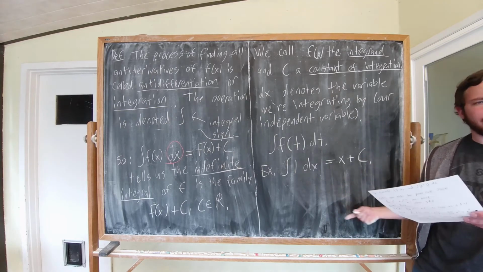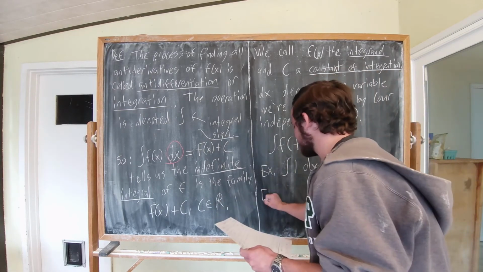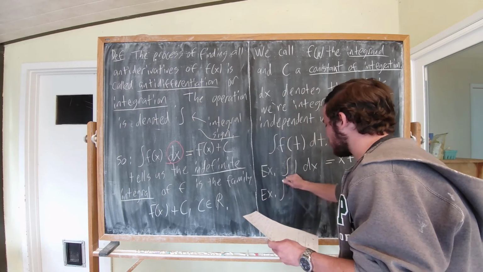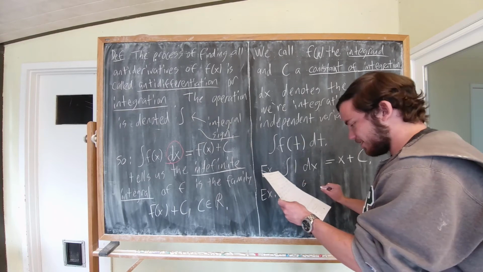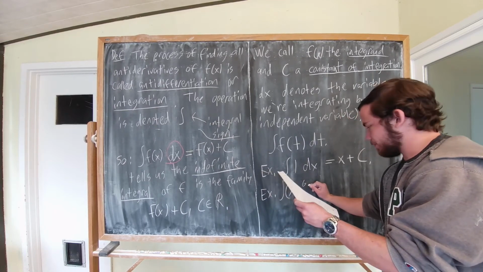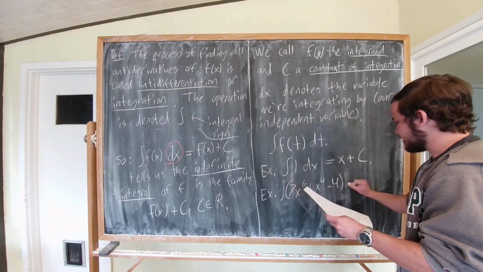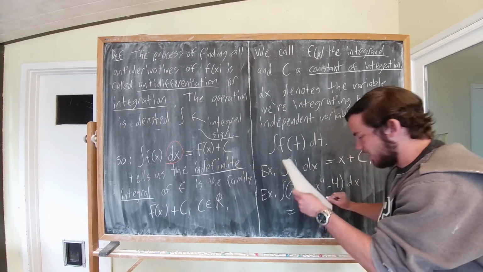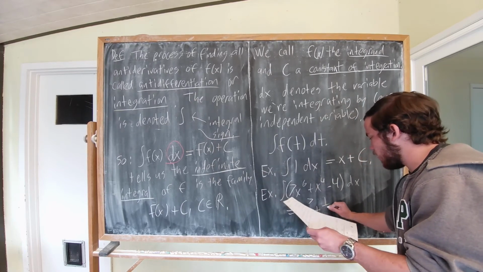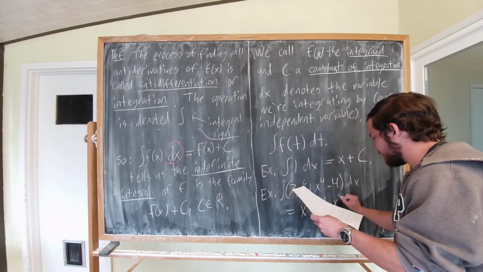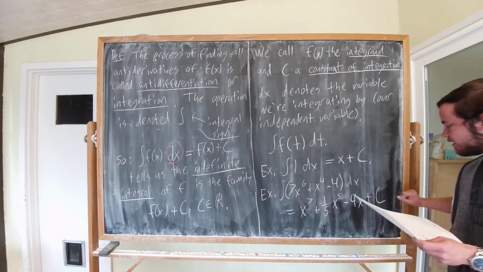And that very first example with the x to the 7th tells us that the integral of 7x to the 6th plus x to the 4th minus 4 dx will be equal to x to the 7th plus 1/5 x to the 5th minus 4x plus c.